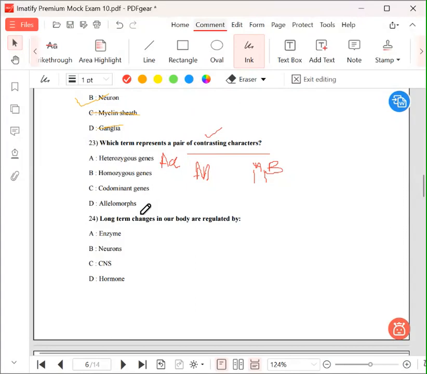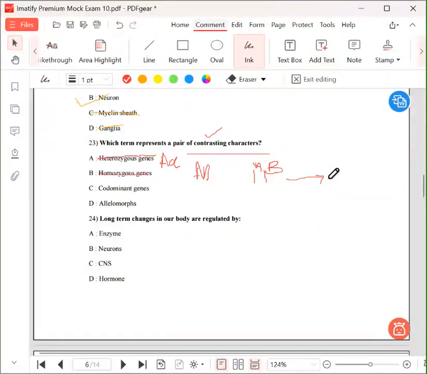Heterozygous genes indeed are contrasting, but in the genotype, the characters are not shown physically. So it's not in the phenotype. The phenotype is only one. So heterozygous genes is not the best choice. Homozygous genes, eliminated. Codominant genes are those in which every allele expresses itself fully.